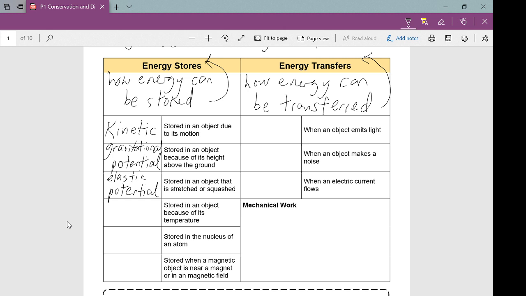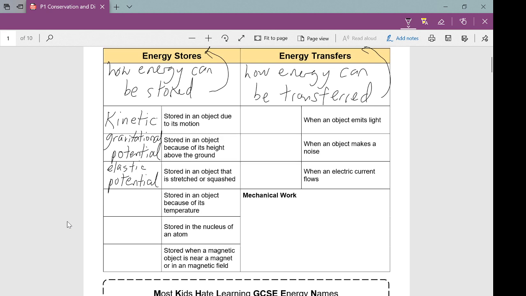You lift an object up, you've increased its potential energy. Because we have two types of potential energy, we also have elastic potential energy. That would get marked wrong on any sort of test because you haven't specified what type of potential energy it is. So make sure that when it comes to potential energy, you remember to be specific and say what type of potential energy you've increased or decreased.